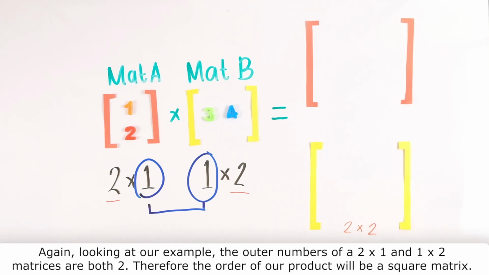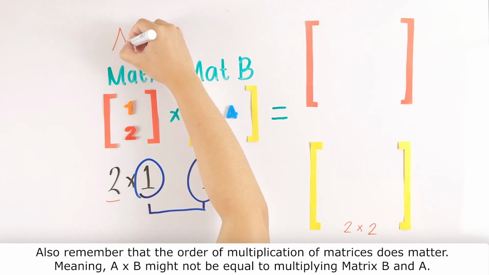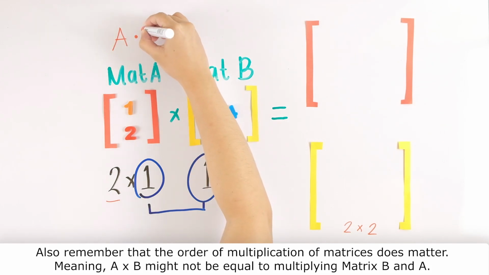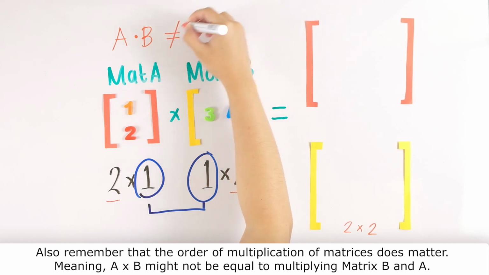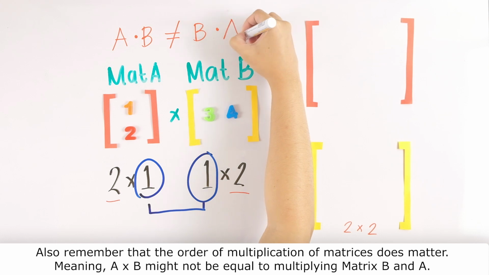Again, looking at our example, the outer numbers of a 2 by 1 and 1 by 2 matrices are both 2. Therefore, the order of our product will be a square matrix. Also remember that the order in multiplication of matrices does matter. Meaning, A times B might not be equal to multiplying matrix B times A.